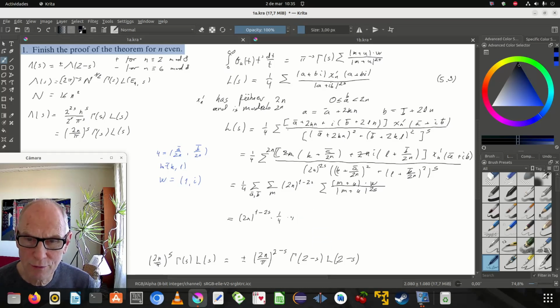Let's make that as a fraction. So up we have pi to the s, and then 4 gamma s. That's the sum as well.